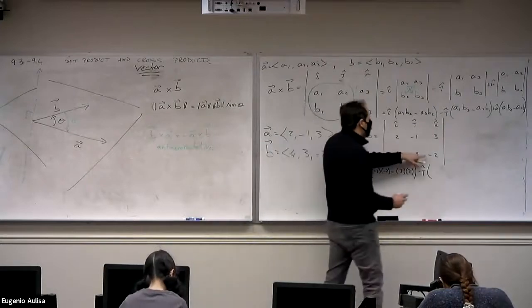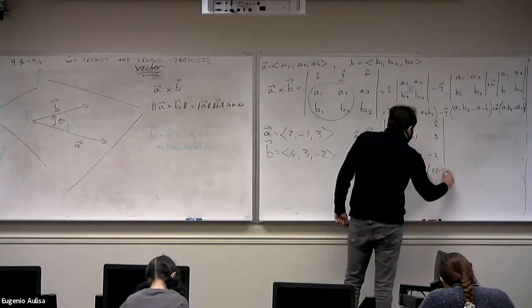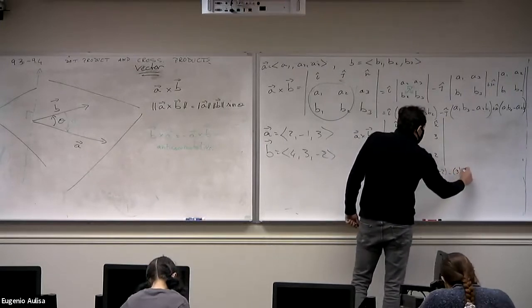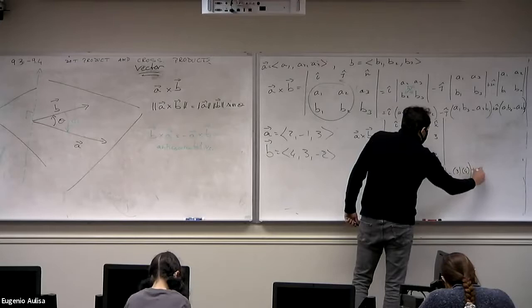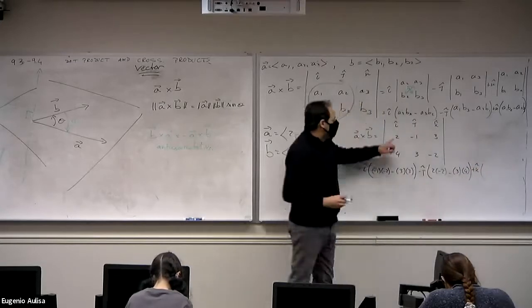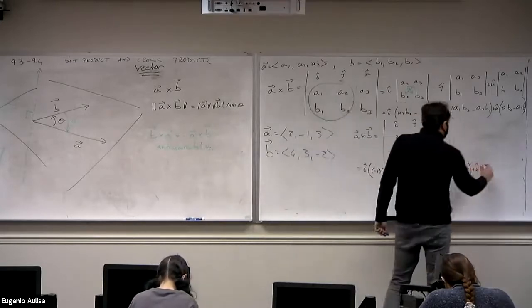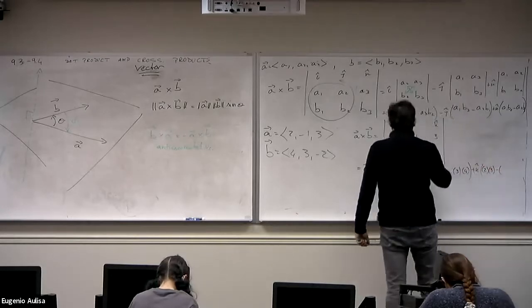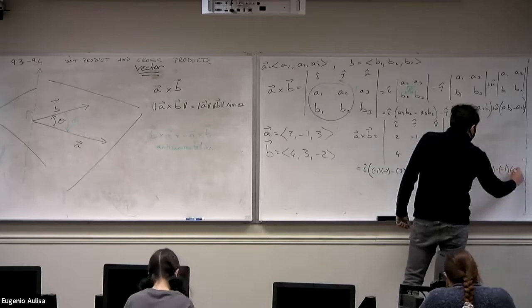So it's going to be 2 times negative 2 minus 3 times 4, plus k, which multiplies 2 times 3 minus negative 1 times 4.